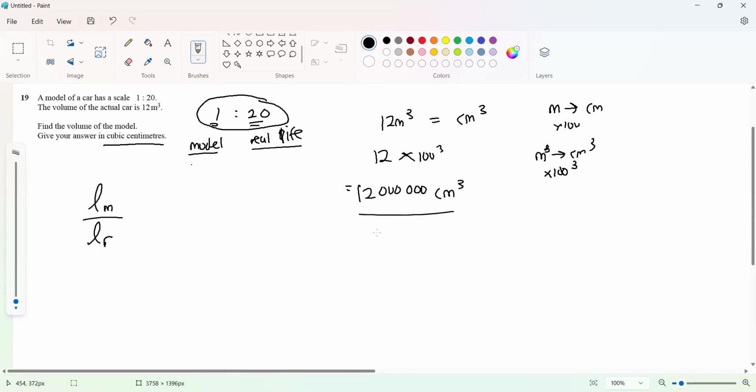Or actually, we usually say image and object. This is what we usually will say, image and object. So the length of the image, put I, over the length of the object, we can make the ratio the same by cube rooting the volume of the image over the volume of the object, right?